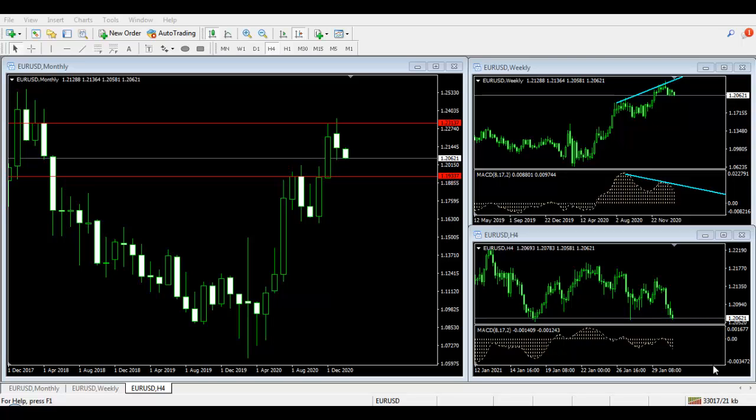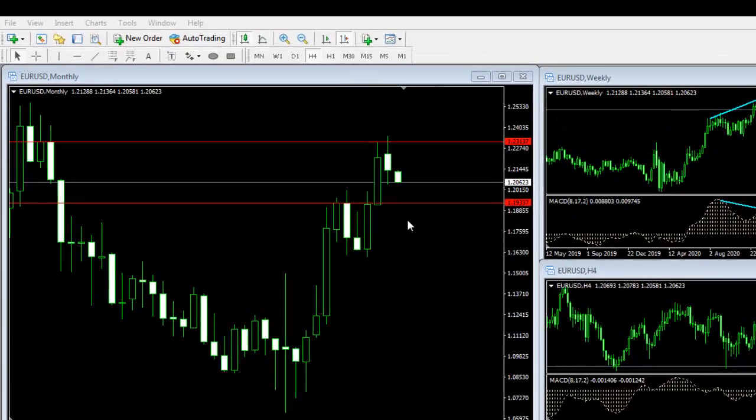So you're going to see everything beforehand, and then we'll have results later in the week of where the market is and so forth. So starting off, again, with the euro dollar.